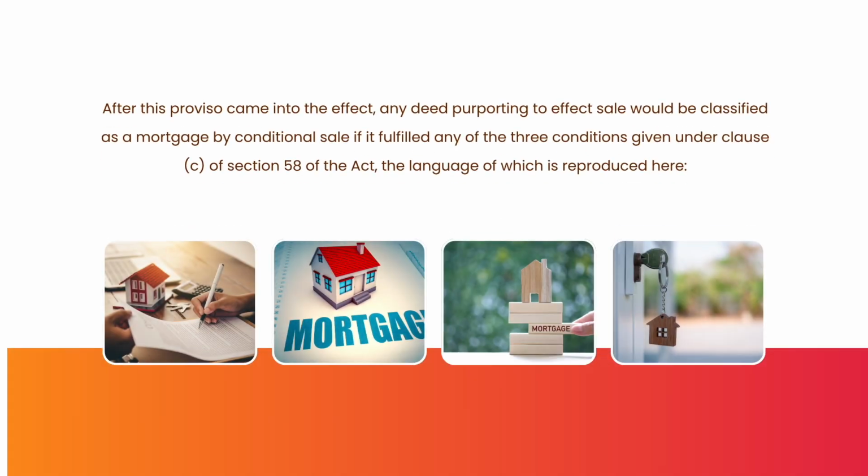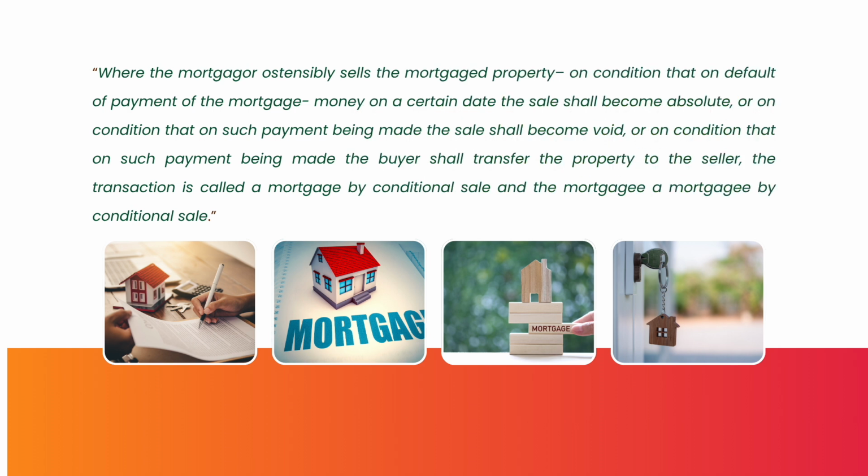After this proviso came into effect, the deed purporting to effect sale would be classified as a mortgage by conditional sale if it fulfilled any of the three conditions given under clause C of section 58 of the Act, the language of which is reproduced here, where the mortgagor ostensibly sells the mortgage property on condition that on default of payment of mortgage money on a certain date, the sale shall become absolute, or on condition that on such payment being made, the sale shall become void, or on condition that on such payment being made, the buyer shall transfer the property to the seller.